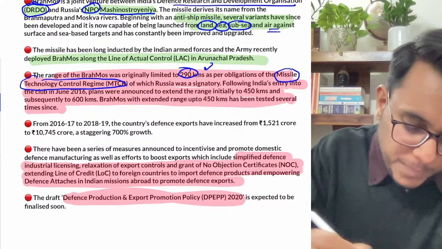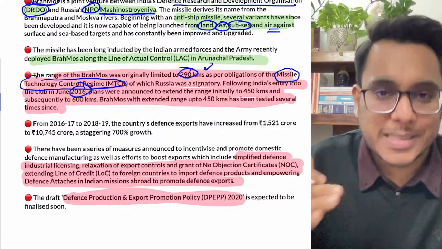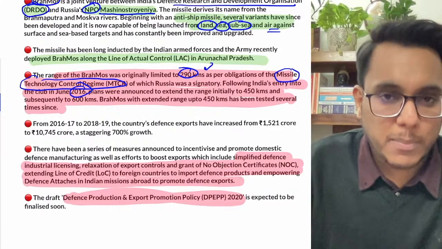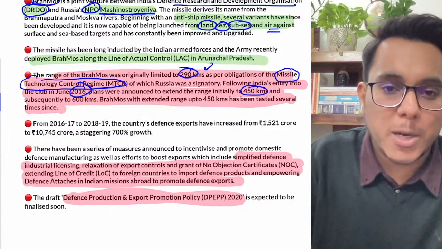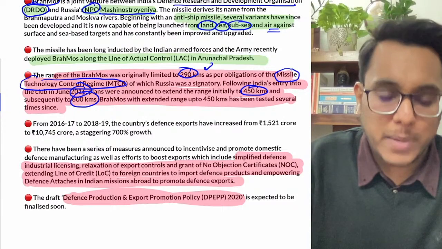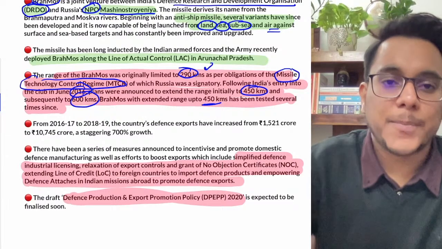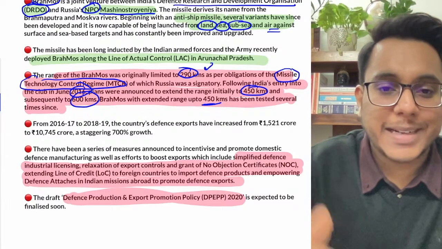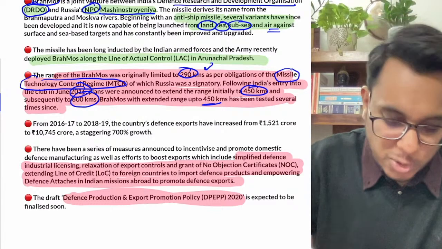But guys, what happened? In 2016, India became a member of the MTCR, and since then we are expanding the range of the BrahMos missile. Now it has been extended to 450 kilometers, and subsequently the range will be extended to 600 kilometers. This 450 kilometer range has already been extended and test fired. Many times we have seen this in our newspapers as well. So this is going on.